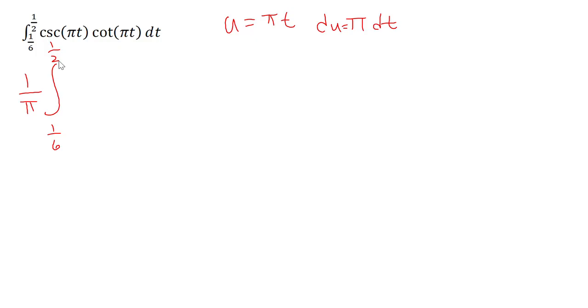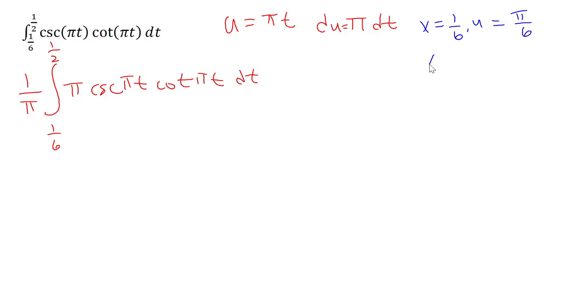So we're going to have 1 over pi times the integral from 1/6 to 1/2 of pi cosecant pi t cotangent pi t dt. And now we can rewrite all of this in terms of u, as long as we recognize that when t is 1/6, u is pi over 6, and that when t is 1/2, then u is pi over 2.